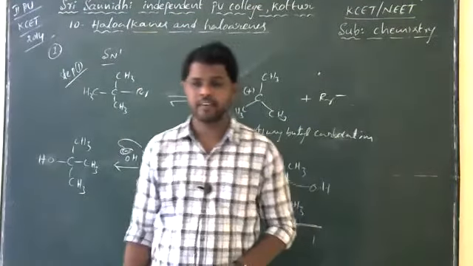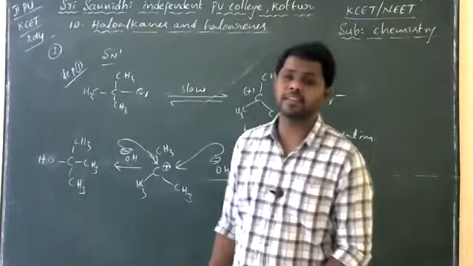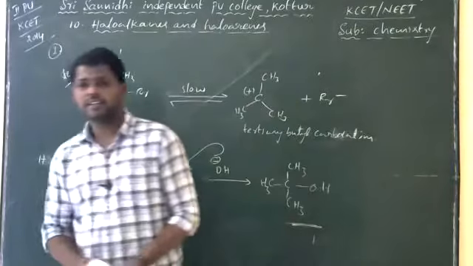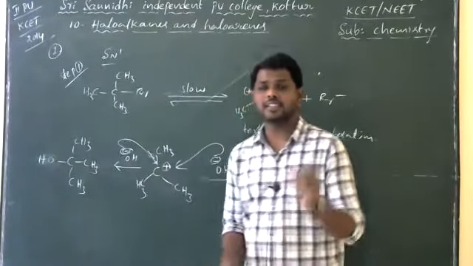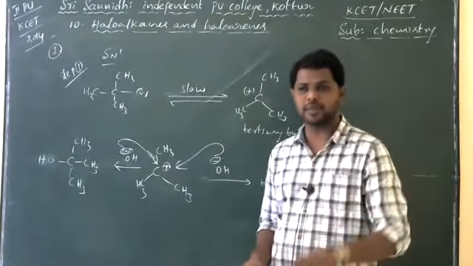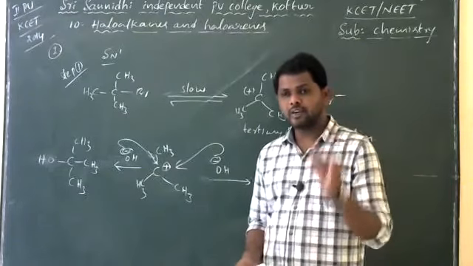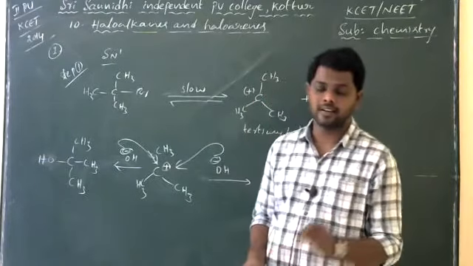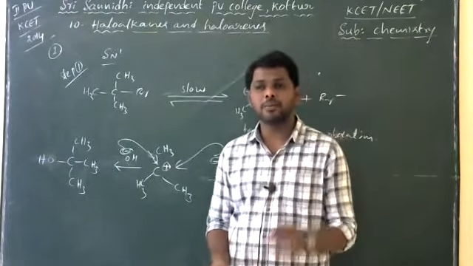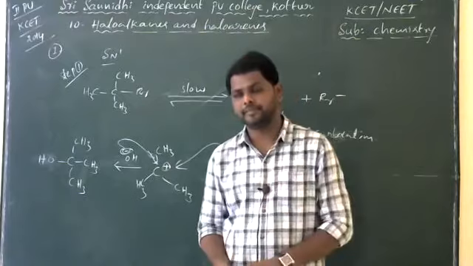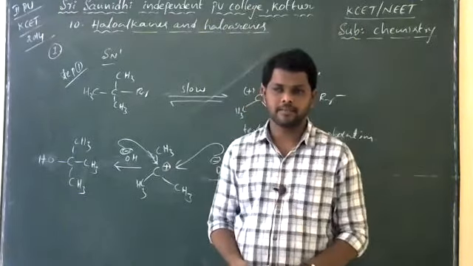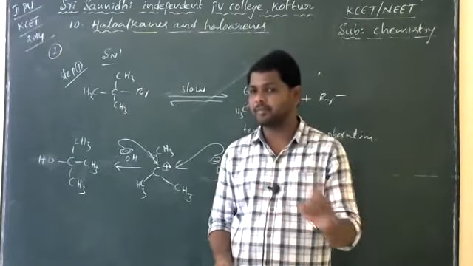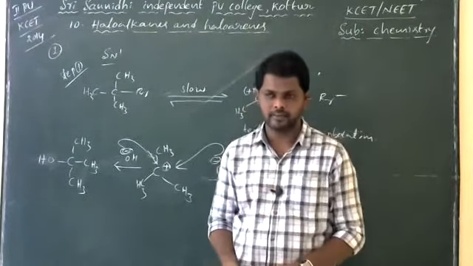It is a two step process, and a nucleophilic substitution reaction in which the rate depends only on the concentration of alkyl halide, and not on the nucleophile, is called the SN1 mechanism.